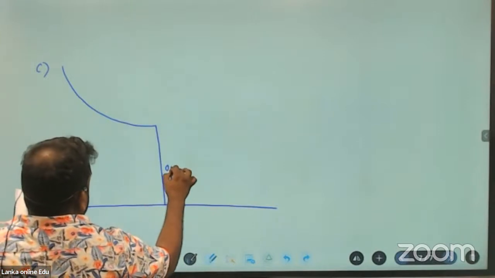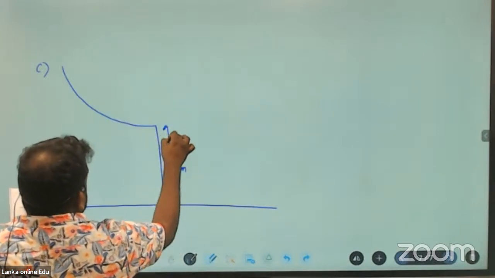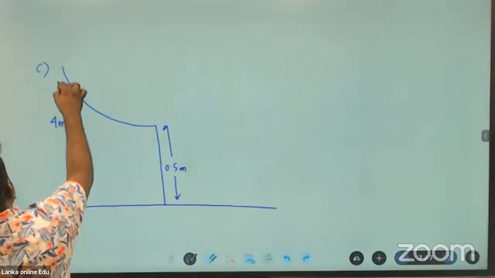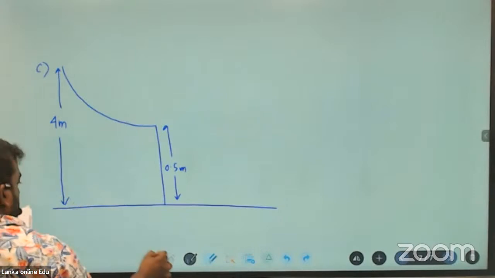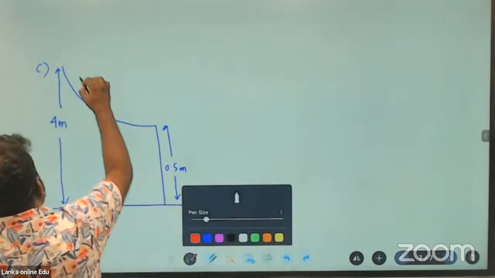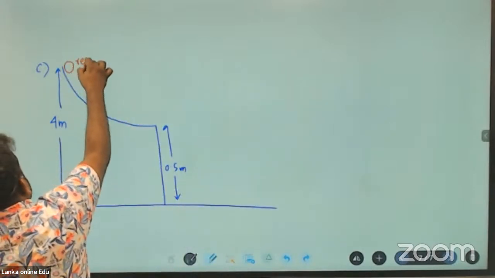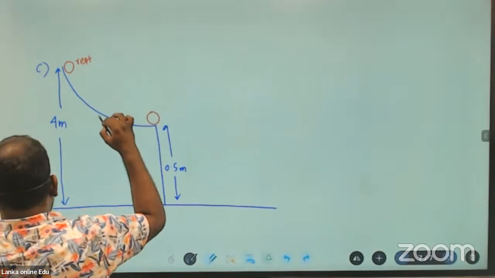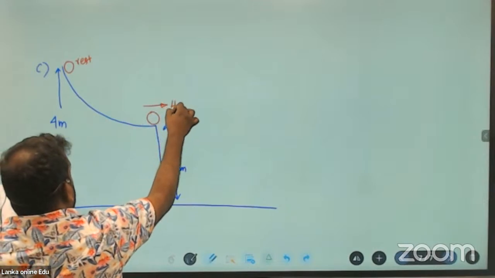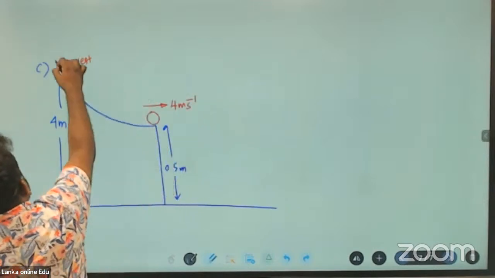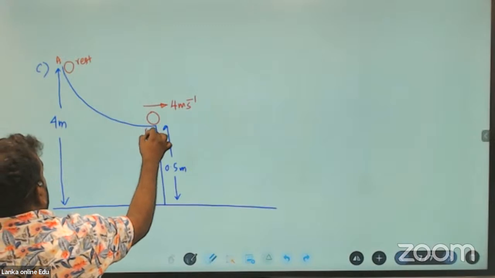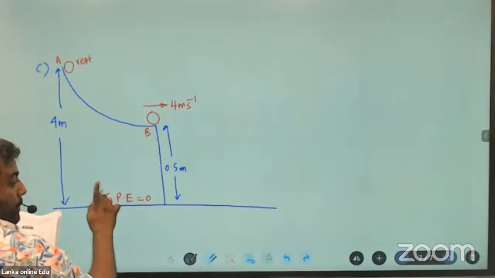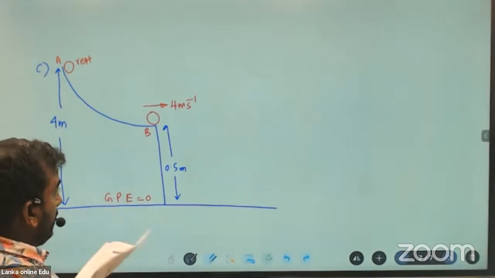Here height is 4 meters. Child is coming from rest and leaves here with a speed of 4 meters per second. Let me name this as A and this as B. This is GP equals 0. Remember, the diagram should be correct.